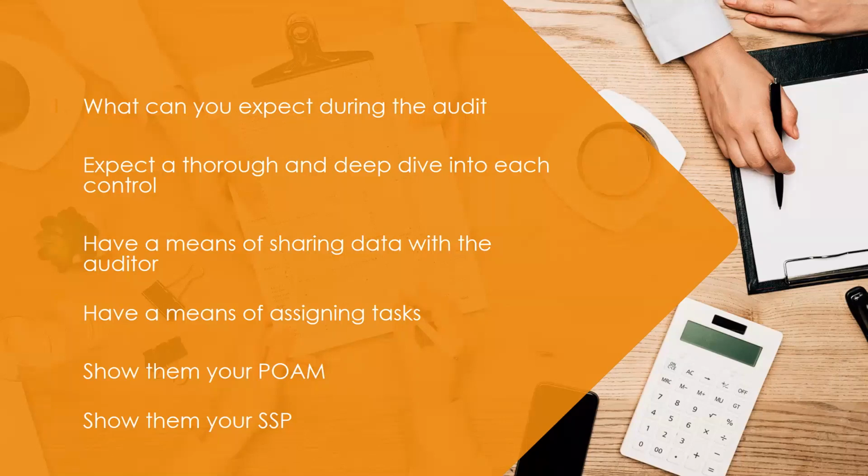So, for instance, you need to review your policies and procedures every year. So they're going to ask you, can we see the last review you did of your policies and procedures? And so you're going to need to produce a document that shows, here's when we reviewed our policies and procedures.